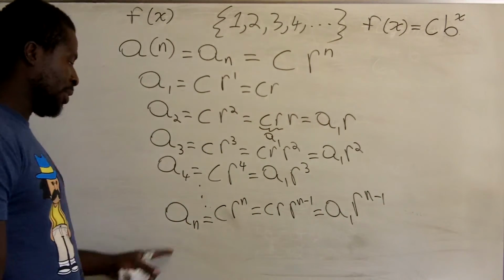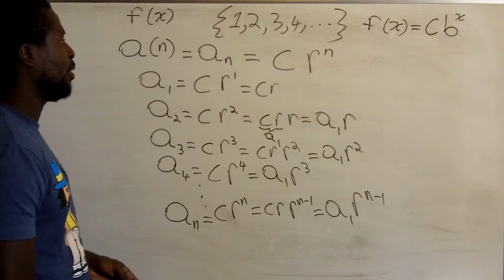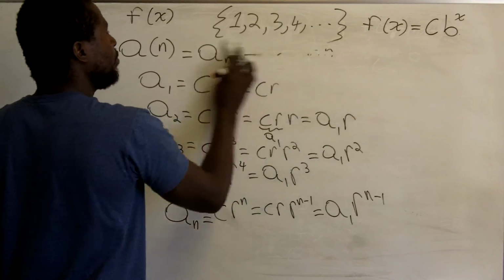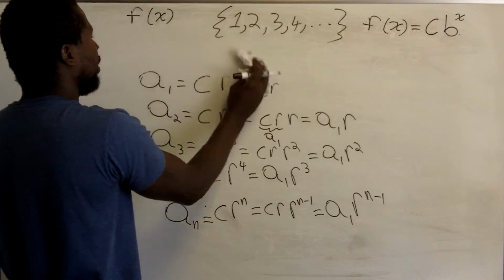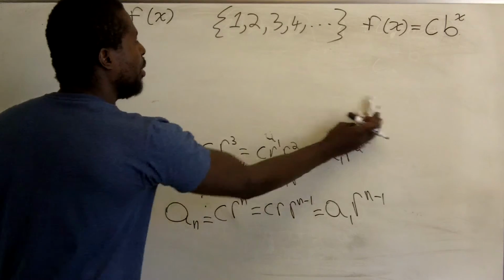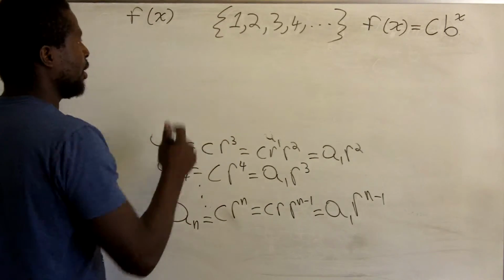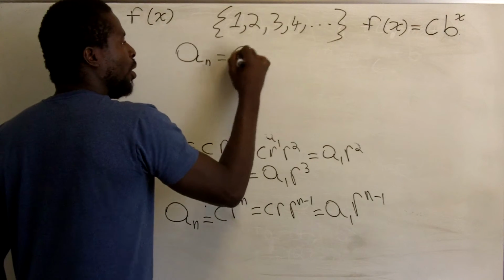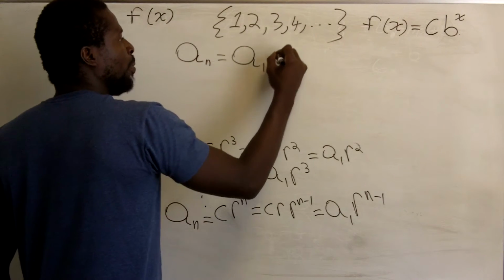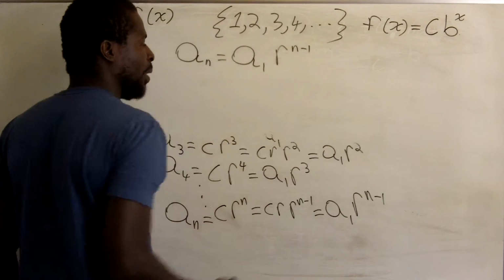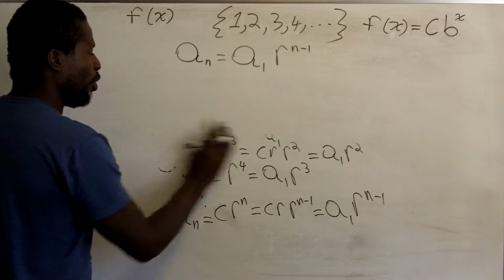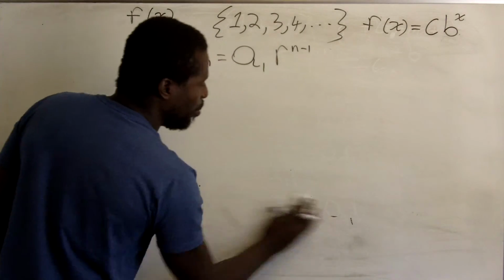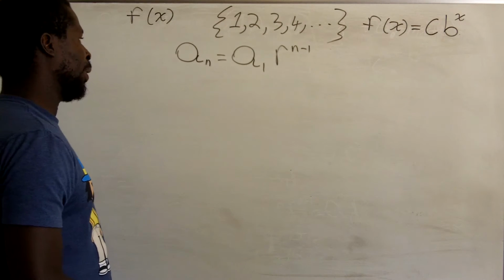So this is an expression for the nth term. When you're dealing with a geometric sequence, the formula for the nth term is an equals a1 multiplied by r to the n minus 1 power. That's the nth term formula for a geometric sequence.